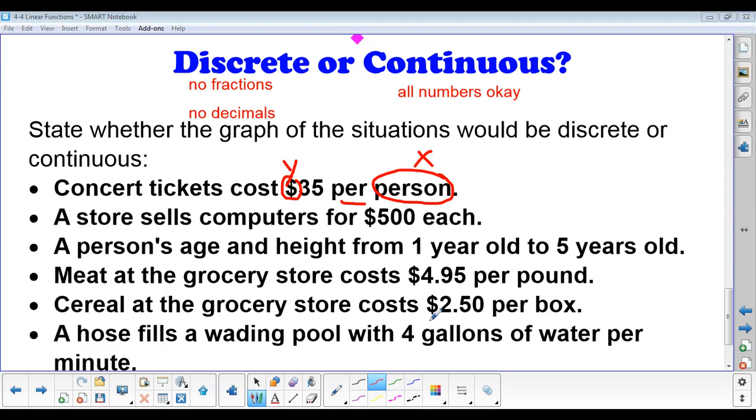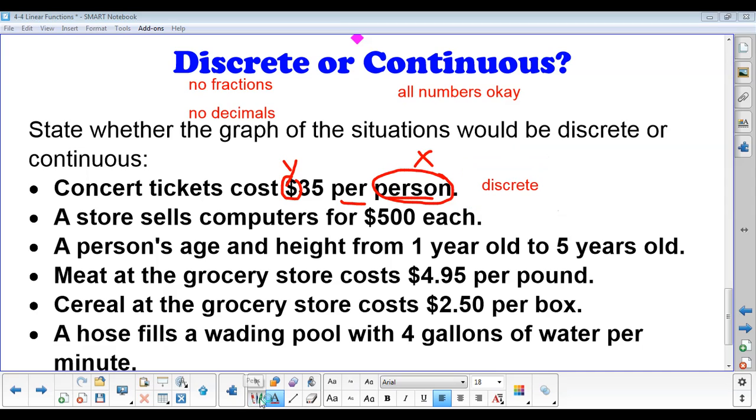Since x is our independent variable, person, or the number of people, the number of tickets, is going to be the variable that determines if this is discrete or continuous. Well, we can't have part of a person or a decimal of a person. Similarly, we can't have part of a concert ticket. It's all or nothing, which makes this one discrete.